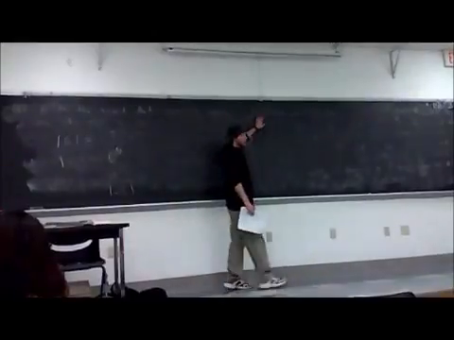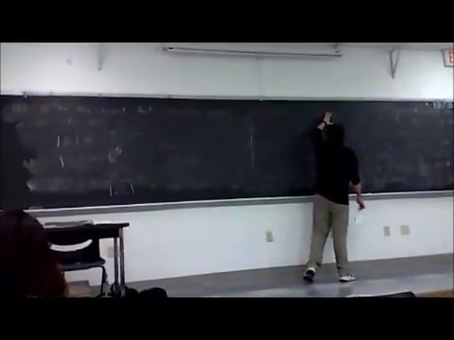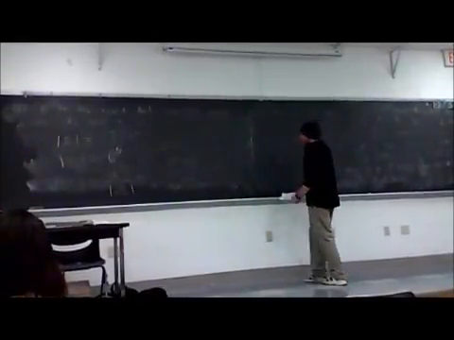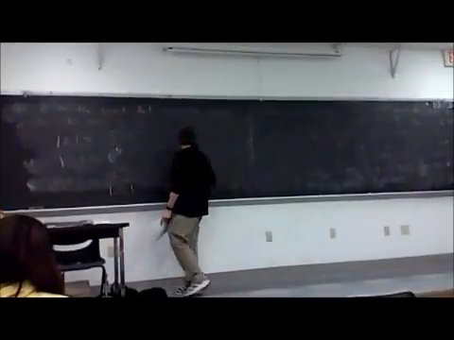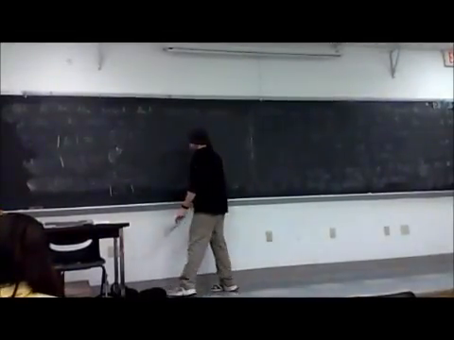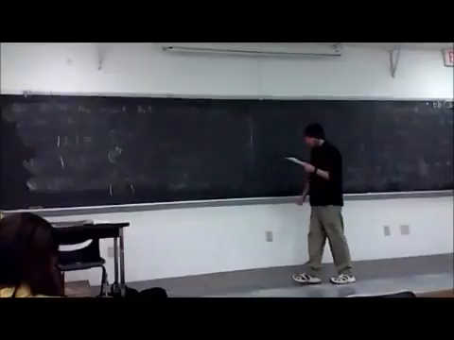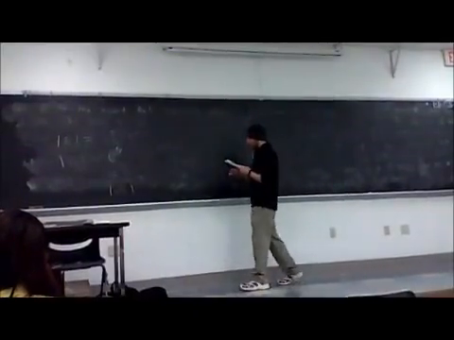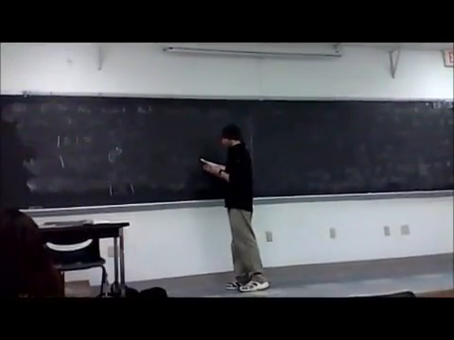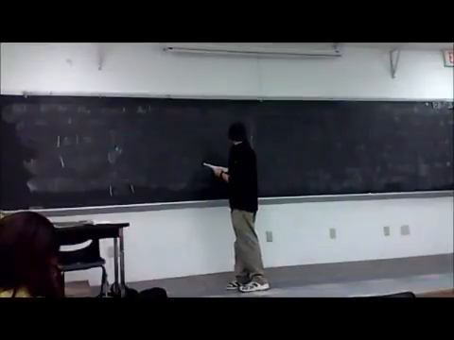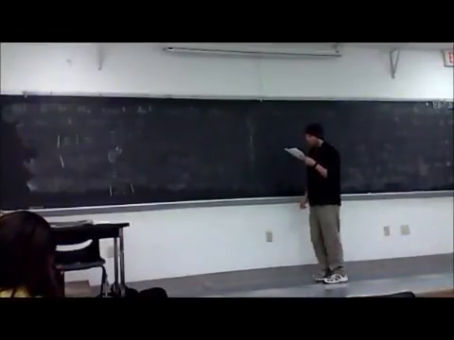Because you have 6 choices here, 6, 6, 6, 6, 6. So if you divide these, I think this is like 0.03.